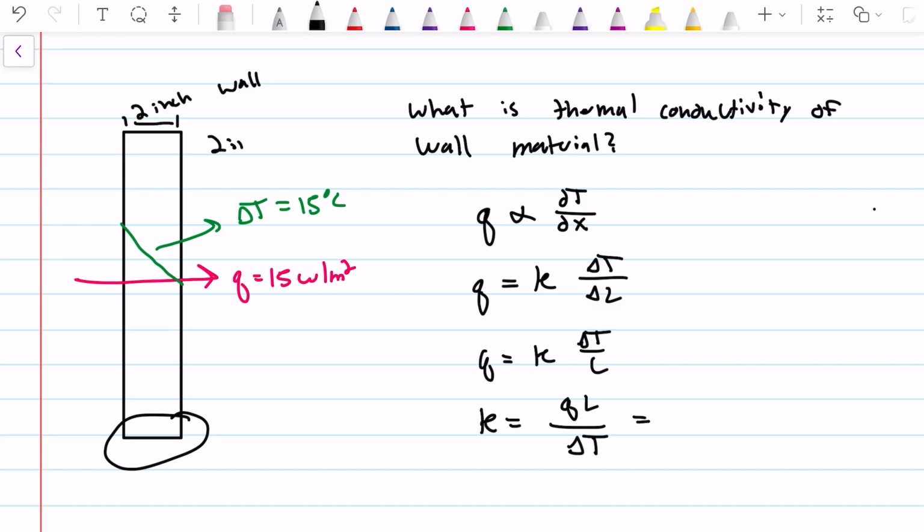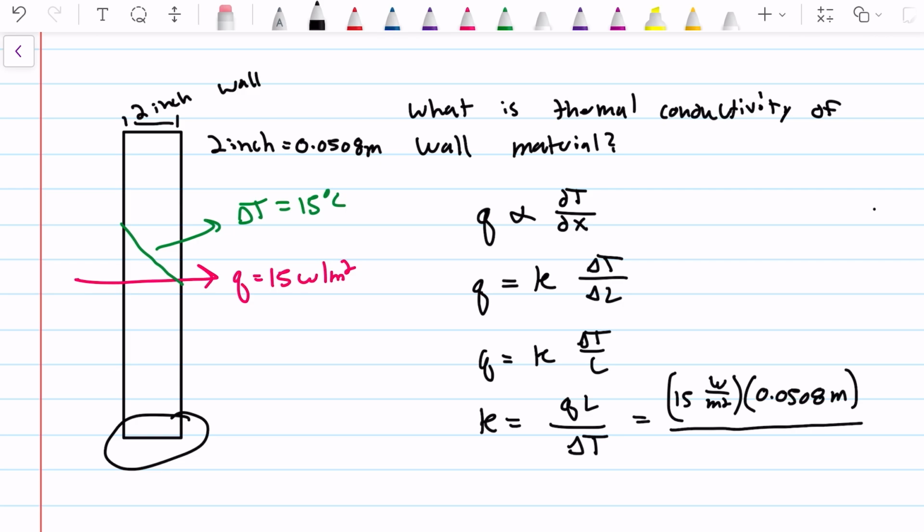An inch is not in SI units; we want meters. If you do the conversion, you get about a 20th of a meter. Let's keep the units: 15 watts per meter squared, 0.0508 meters, over our temperature drop.